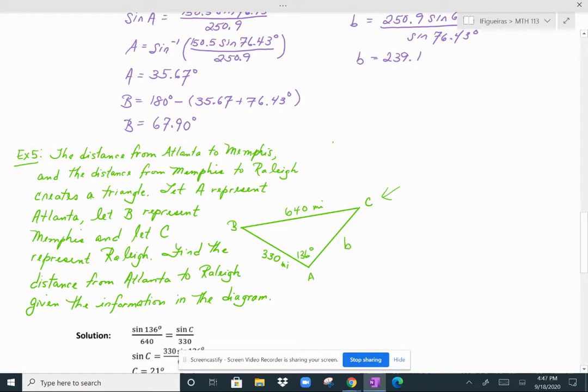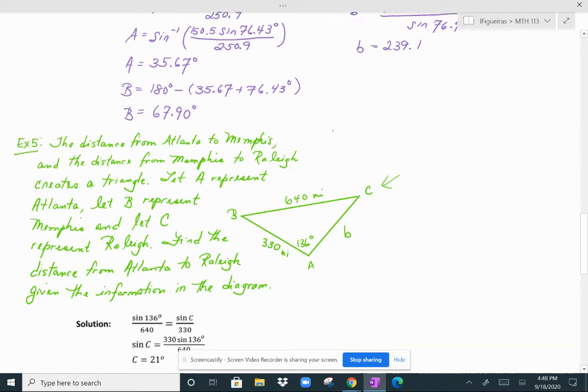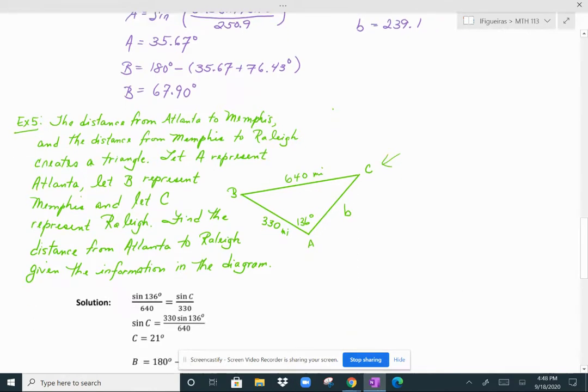So in order for me to find that distance, I first need to find out what my angles are. So I need to know what angle B is. Okay, so for me to answer that question, I first need to get some other information. So first I'm going to find angle C because I can't really find angle B without finding out what angle C is.